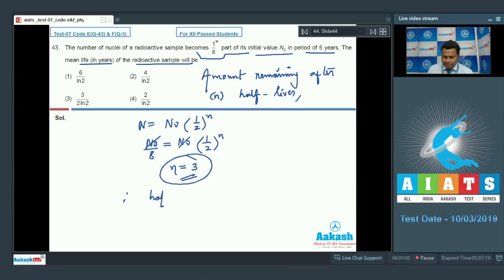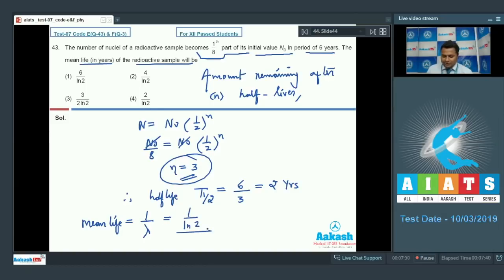Means during the duration of 6 years 3 half-lives have been covered. Therefore half-life T half will be 6 upon 3, or you can say 2 years. But we have to calculate mean life. We know very well that mean life is given as 1 by lambda, where lambda can be written as natural log 2 divided by T half.